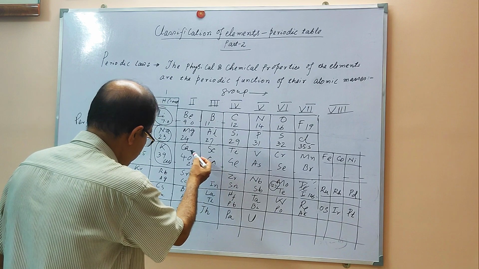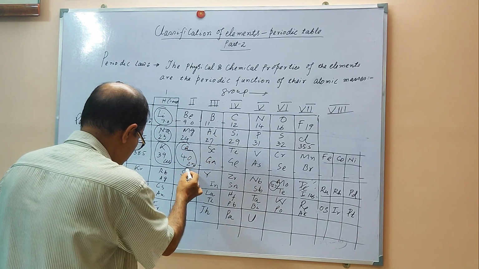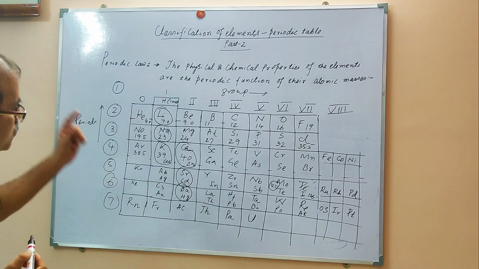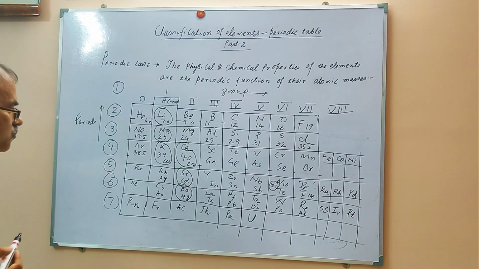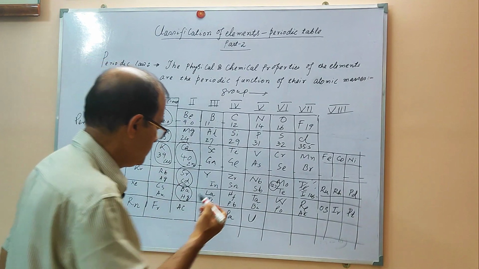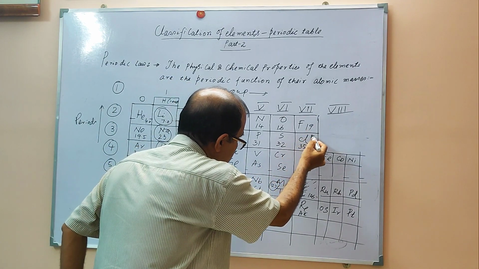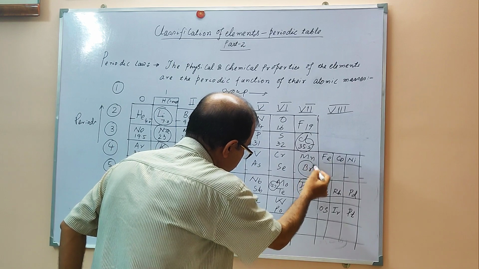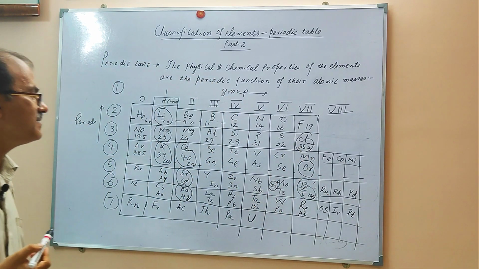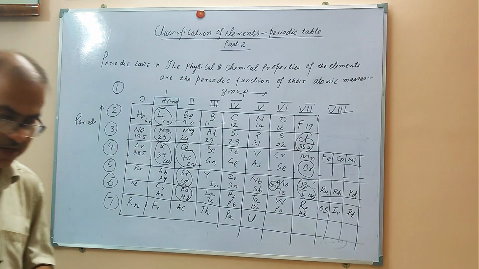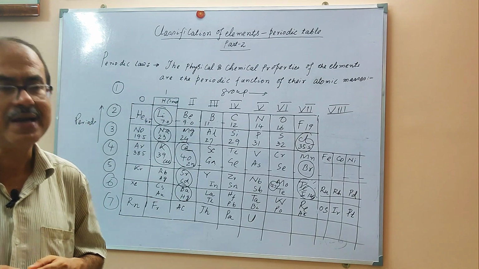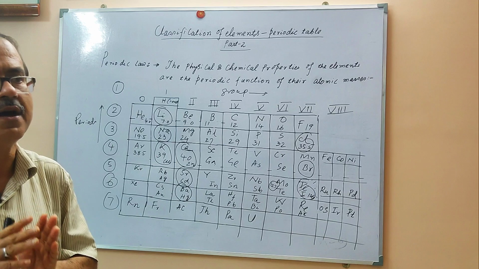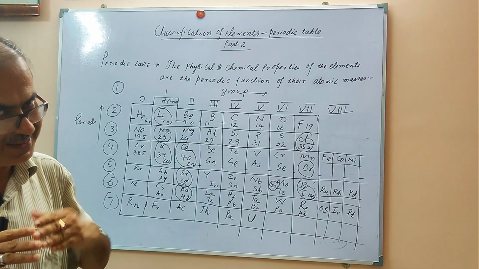Also calcium, strontium and barium. This is also a Dobereiner triad. Here also you can see chlorine, bromine and iodine, all are triads that we have discussed in our previous videos. So we can understand the Mendeleev periodic table is a very elaborate form compared to the previous periodic tables by other scientists.